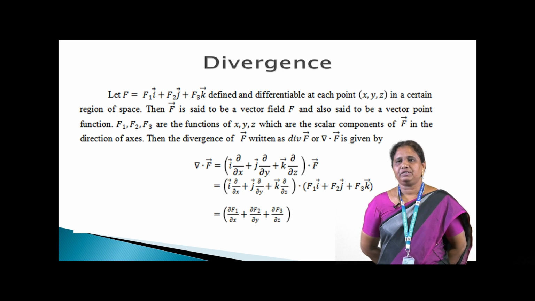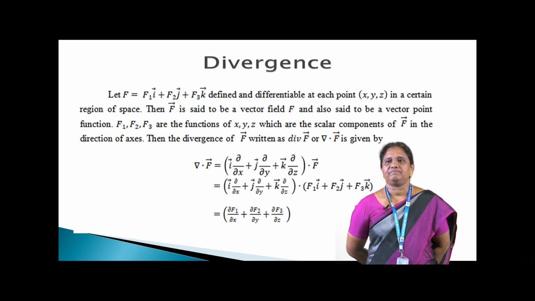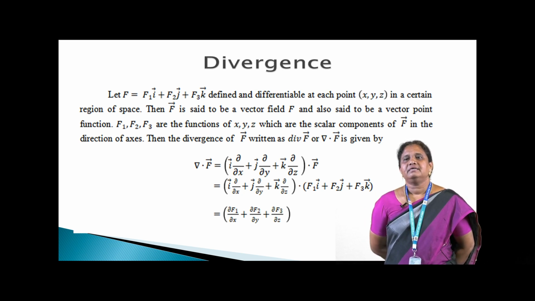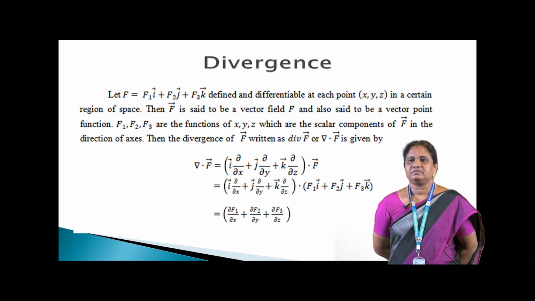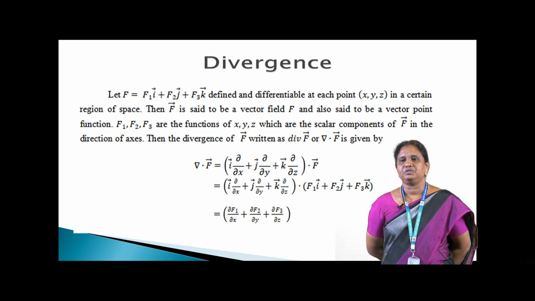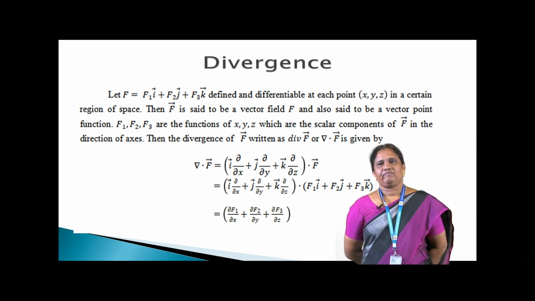We replace f vector by f1 i plus f2 j plus f3 k vector. So, on dot producting, i dot i becomes 1, j dot j becomes 1, and k dot k becomes 1. So, we get the answer dou f1 by dou x plus dou f2 by dou y plus dou f3 by dou z. So, this is the divergence of a given vector.